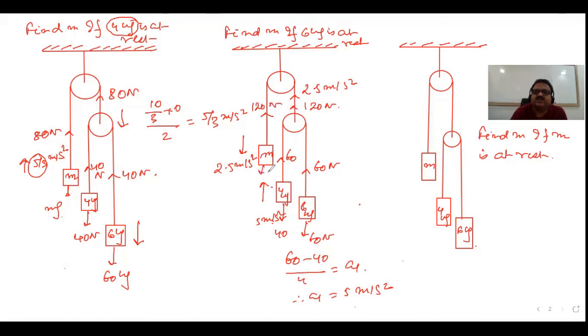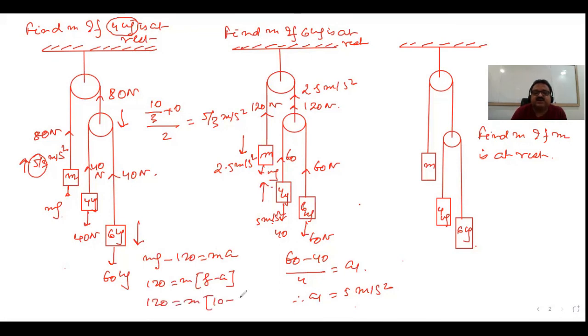So what will be the equation of motion for this? 120. Look at this, it is moving down. So obviously mg is more than 120. So we should write it like this. Mg minus 120 is equal to m into a. Therefore 120 is equal to mg minus a. 120, m, I don't know, g is 10.